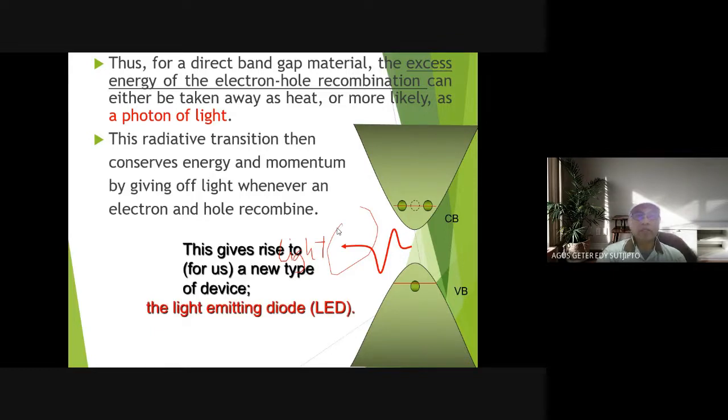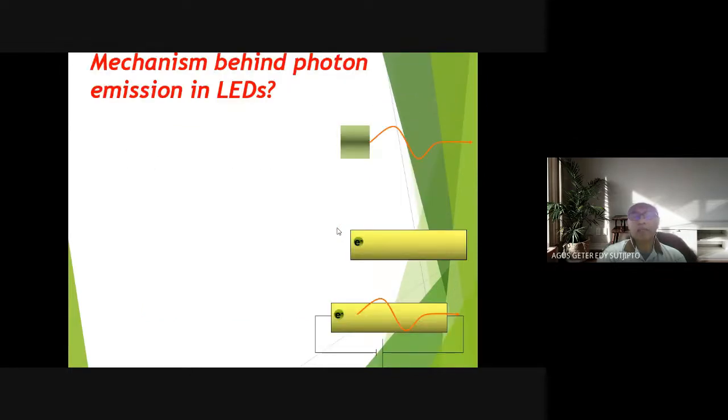So this is the principle of the light emitting diode. In a PN junction, when we apply forward bias, it is possible to generate light, heat, or sound, but the sound is very little.